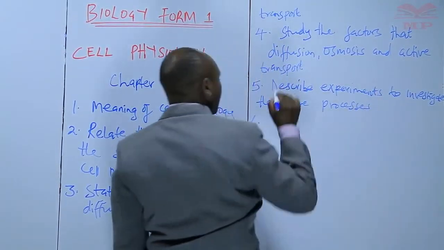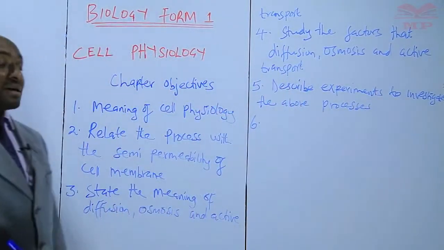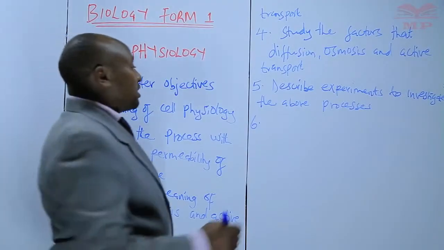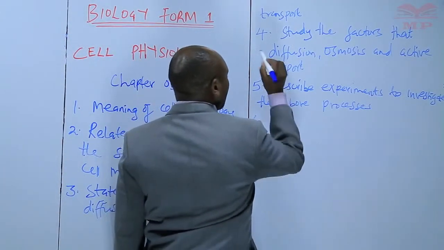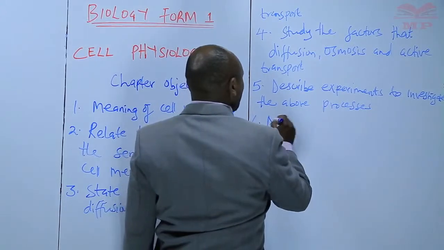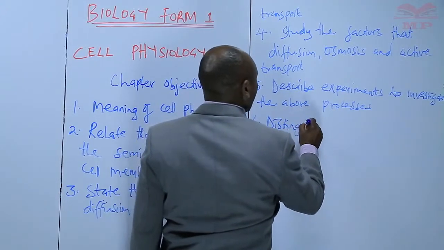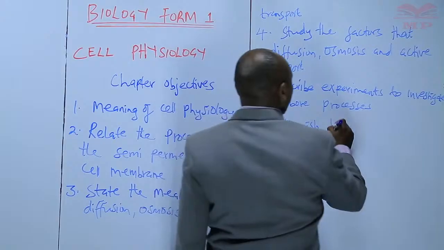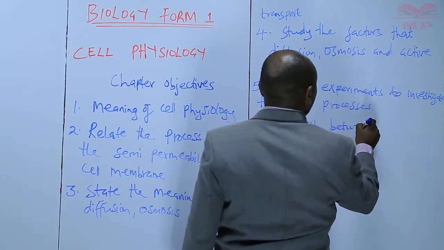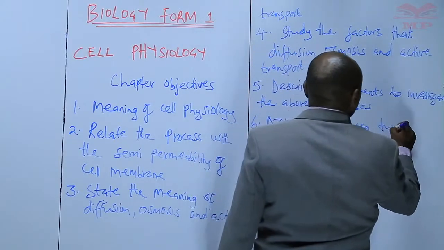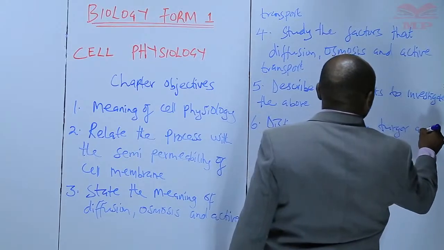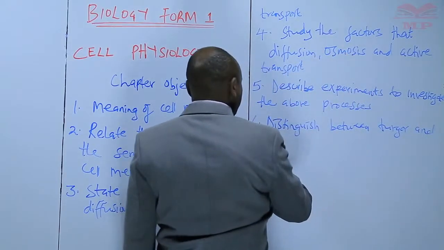And finally, the objective number 6, we should be able to distinguish between turgor and plasmolysis.